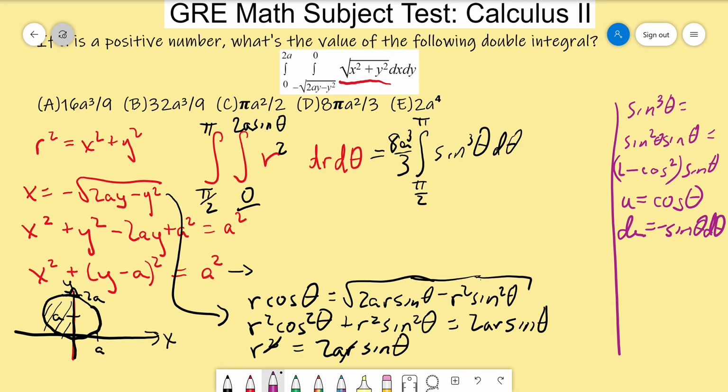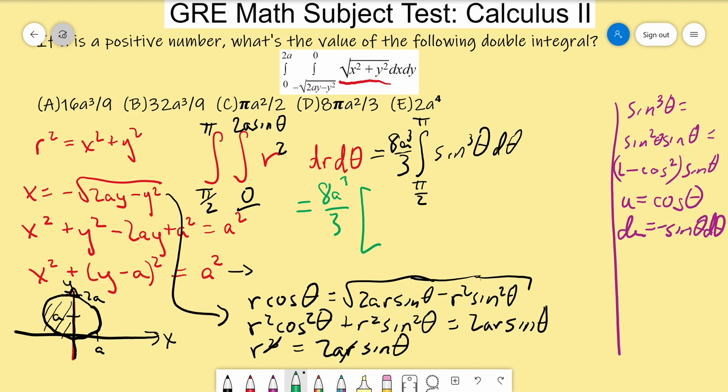So we can rewrite this integral as, we've got the 8a cubed over 3 outside, and then here, instead of sine cubed, we're going to write 1 minus u squared. Well, actually, the d theta is going to be du over negative sine theta.